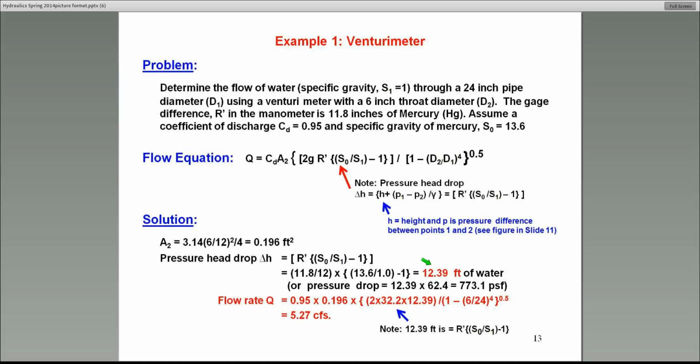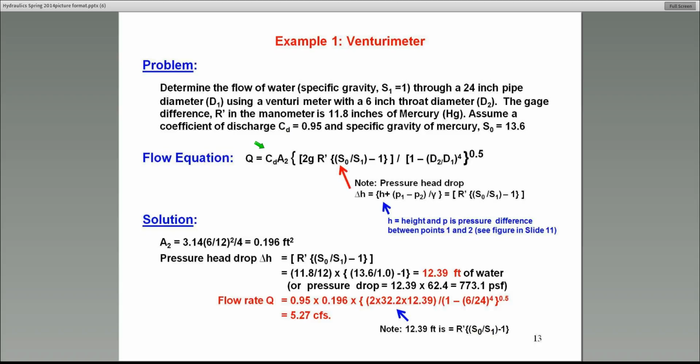Now, here's the equation that I was looking at as an example. In this case, the CD, the coefficient of discharge, is given as 0.95, and therefore I'm going to use that in the equation here.